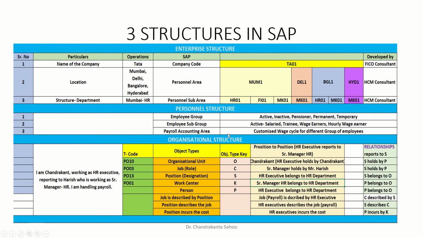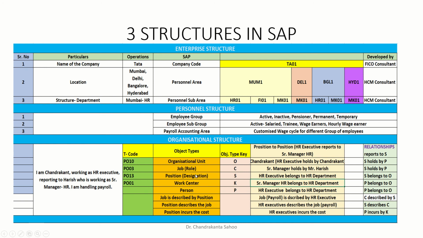He gets a salary on the first of every month, which is the payroll accounting area. In the organizational structure, he belongs to the HR department, his role is payroll, and he is working as HR executive.